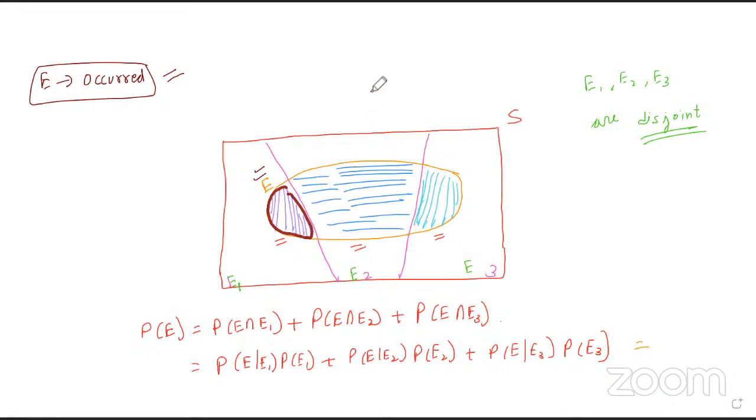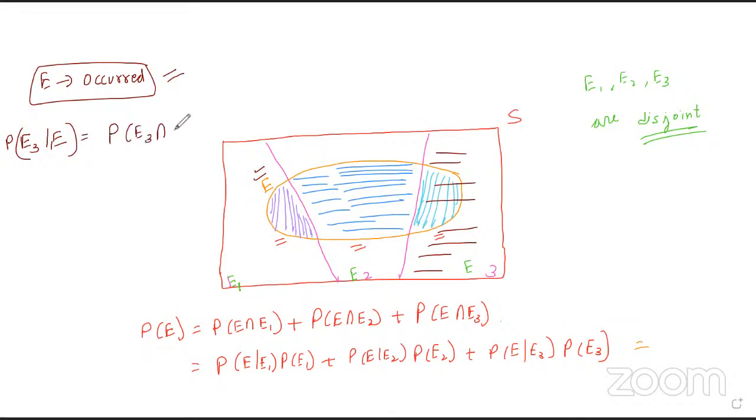So I know that my E has occurred. Now I have to find the probability that it occurred in this region, let's say this E3 region. In general, I need to find the probability of E3 given that my event E has occurred. If you apply the formula for conditional probability over here, you will get this.